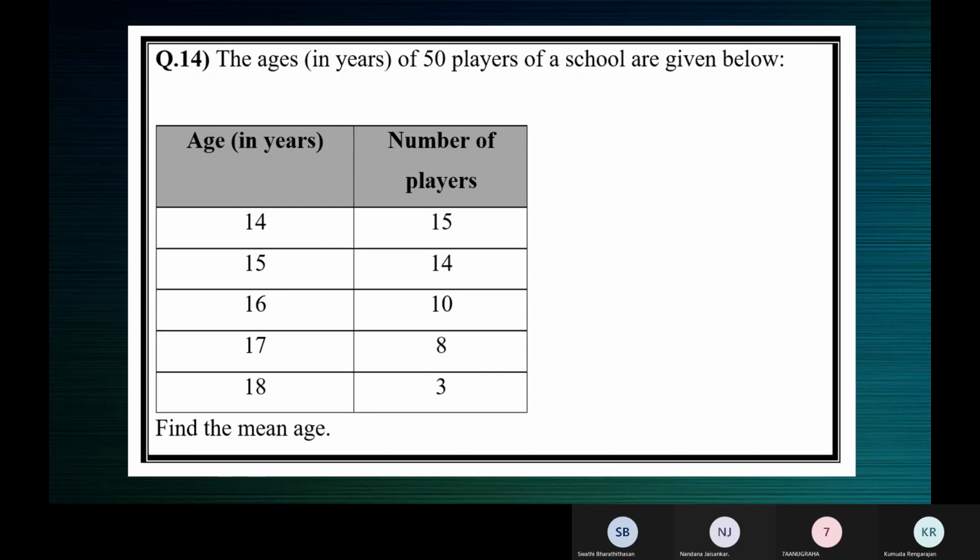Got the answer, ma'am. Got the answer? We'll wait for the others. About to finish? Yes, ma'am. Going to complete, ma'am. Yeah, finish it and tell me, children. Let's give you another 3 minutes.